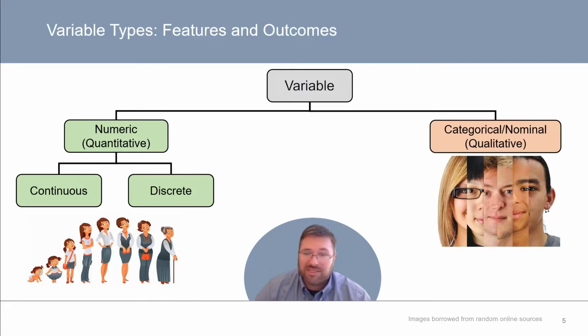One way around this issue is to re-encode categorical features using something like one-hot encoding, which breaks a single categorical feature into a set of new features, one for each possible category. So for example, if our categories were different colors, we'll have one binary variable that asks whether the color is blue or not blue, another binary variable asking whether the color is red or not red, and so on and so forth.